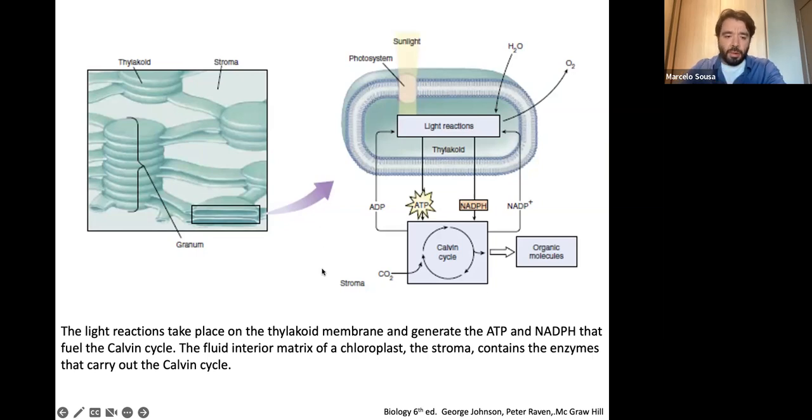The light reaction takes place on the thylakoid membrane to generate ATP, and in the Calvin cycle, it takes light, water, and carbon dioxide and transforms them into substances for the plant, organic molecules that are used to build up the plants, build up the trees.